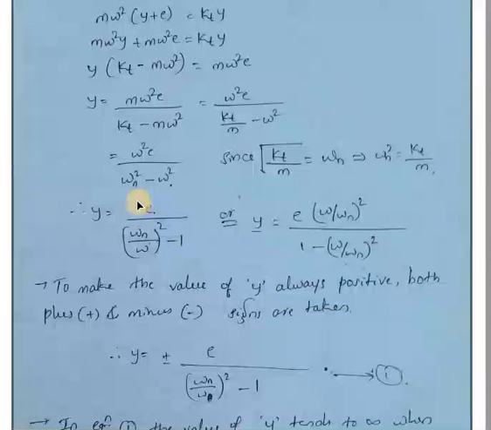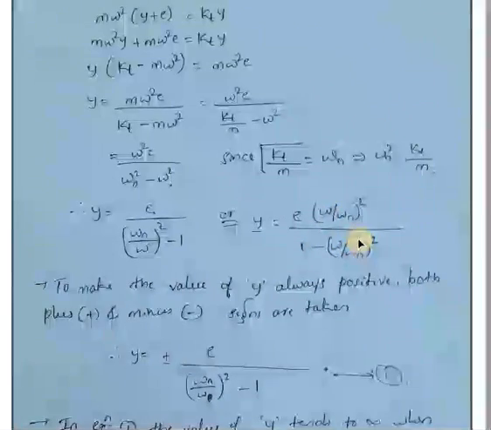Or, if you take omega common here, y will be e divided by ((omega n by omega) whole square minus 1), or we can write it as y equals e (omega by omega n) whole square divided by (1 minus (omega by omega n) whole square).